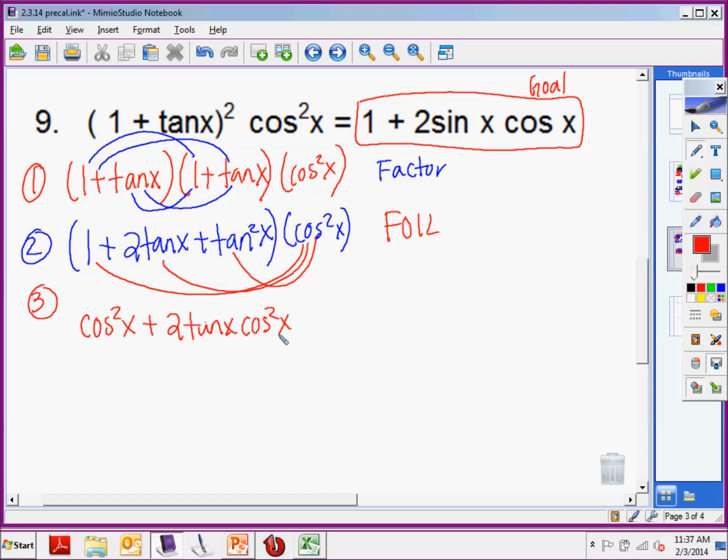And then tan squared x times cosine squared x is just tan squared x times cosine squared x. And what did we do? All it was was distribution. We haven't even done any trig. We just did algebra.